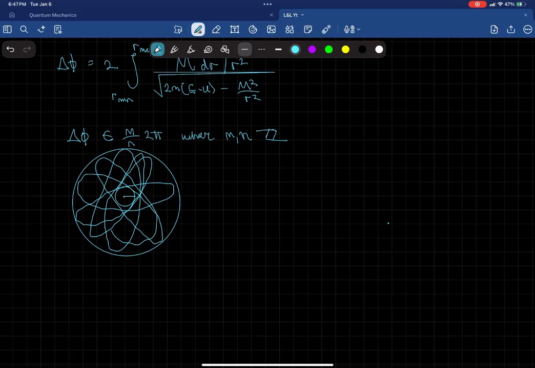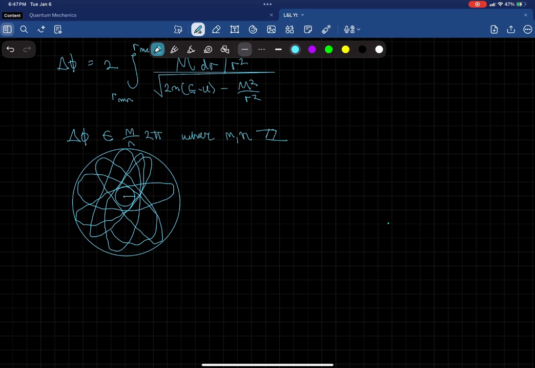Now, the centrifugal energy, when M does not equal 0, becomes infinite as 1 over r squared when r approaches 0. This renders it impossible for the particle to reach the center of the field, even if the field is an attractive one.